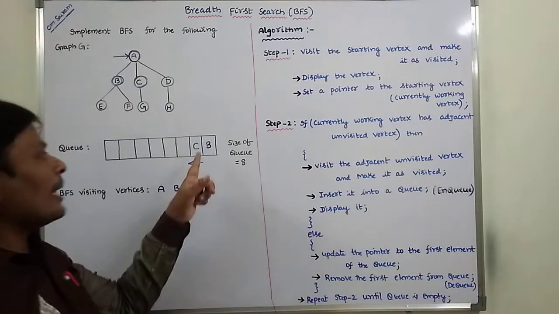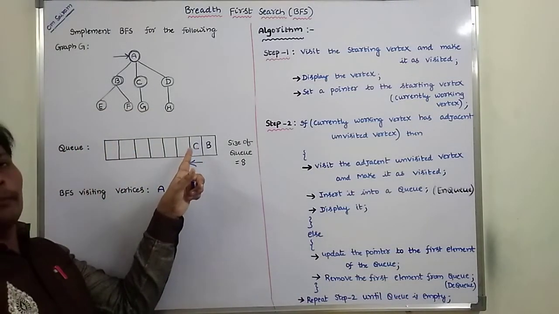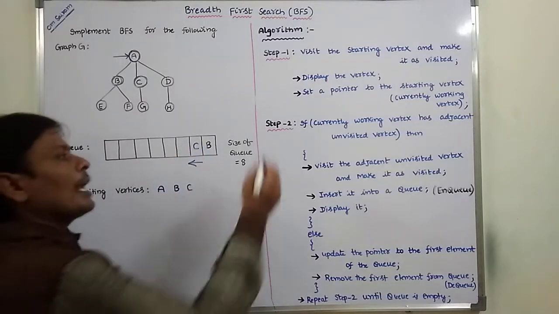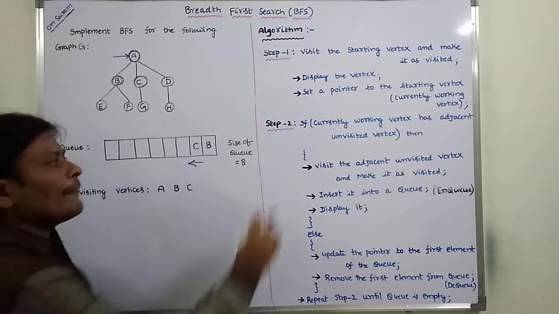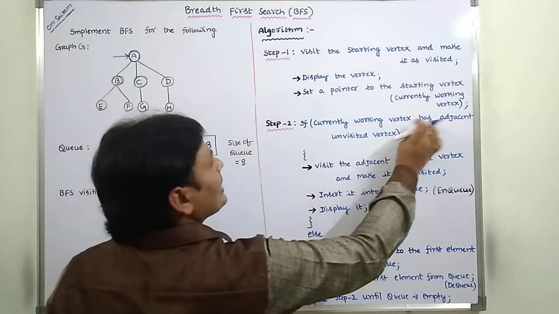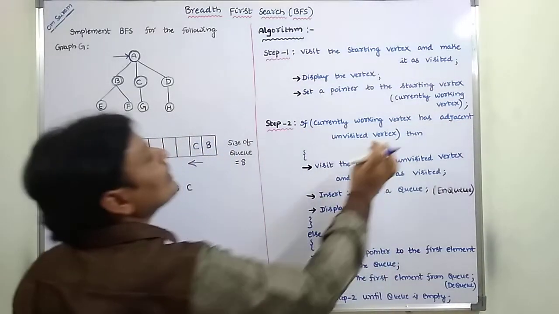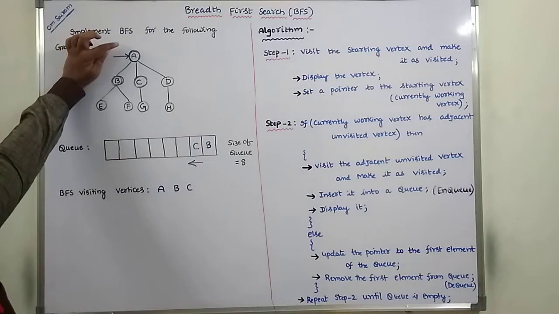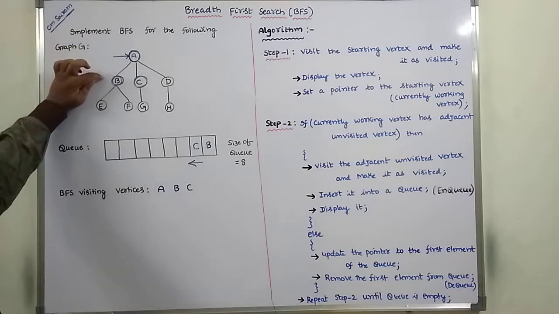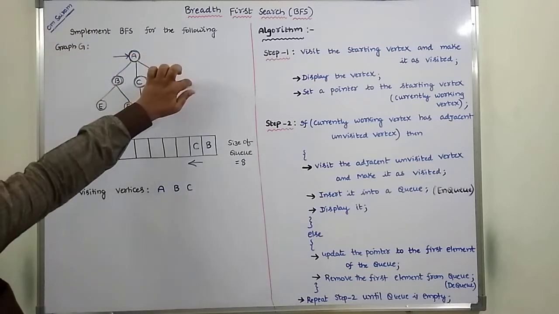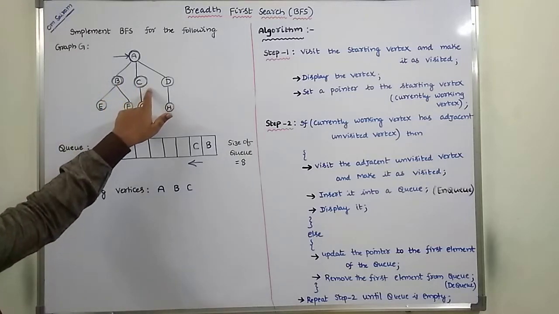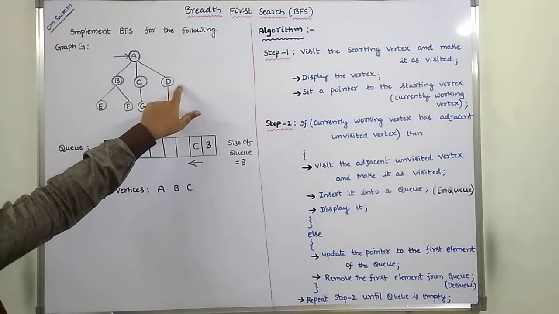Here, is Q empty? No, Q is not empty because B and C are in the Q. Now go to step 2. If the currently working vertex has an adjacent unvisited vertex: the currently working vertex is capital A. This capital A has adjacent vertices B, C, D. Among B, C, D, B and C are visited, but D is not visited.